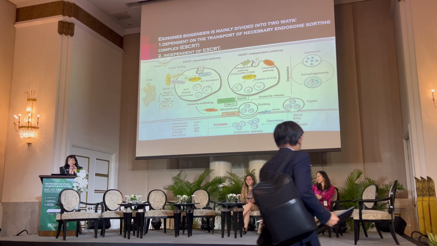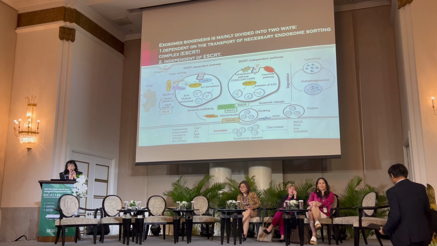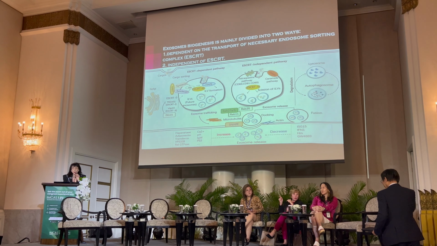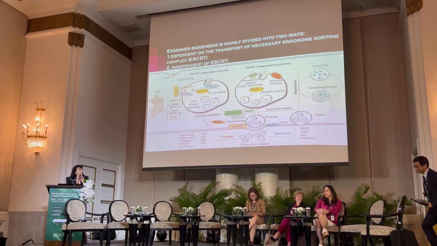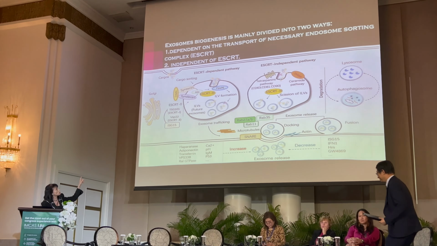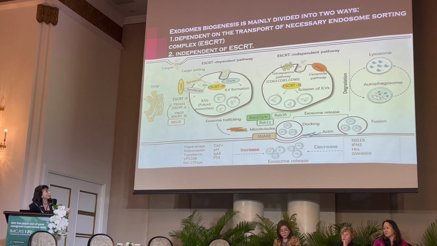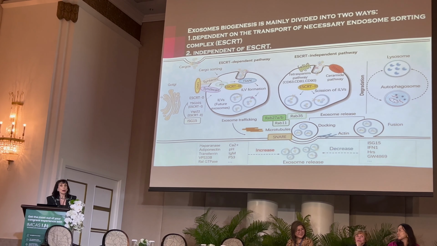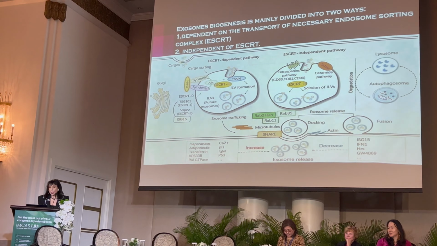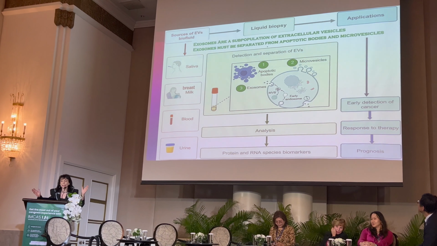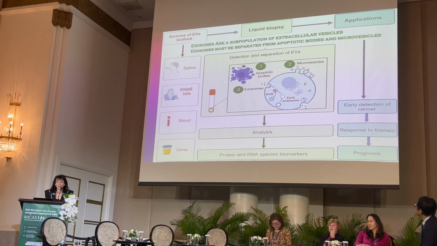One is the transport of the necessary endosomal sorting complex, the ESCRT-dependent pathway, you see in the first slide there, and then the pathway independent from the ESCRT. So there are two different ways that it can happen.